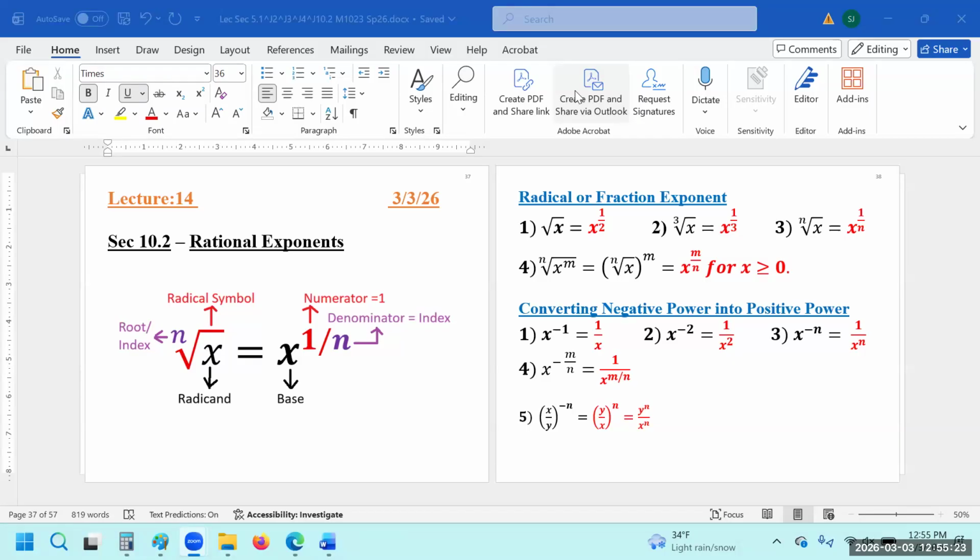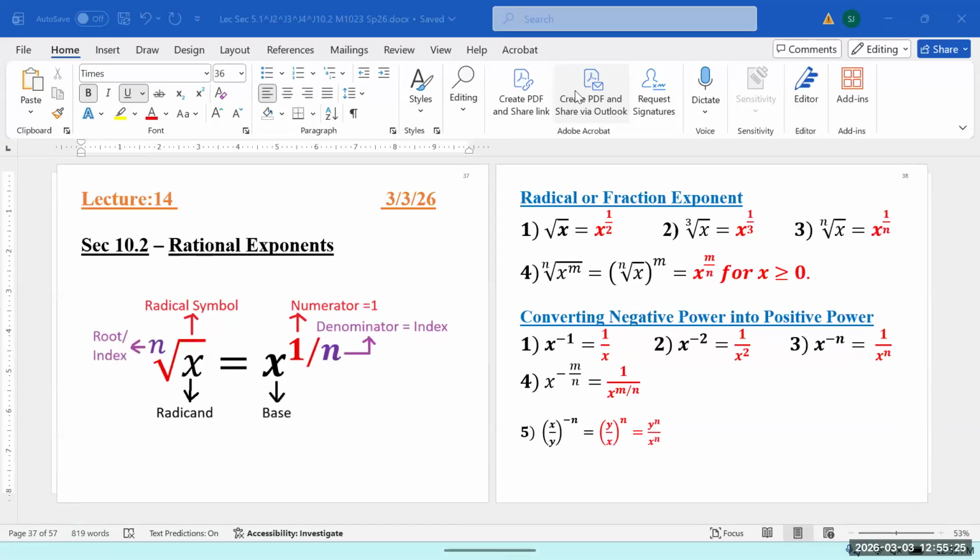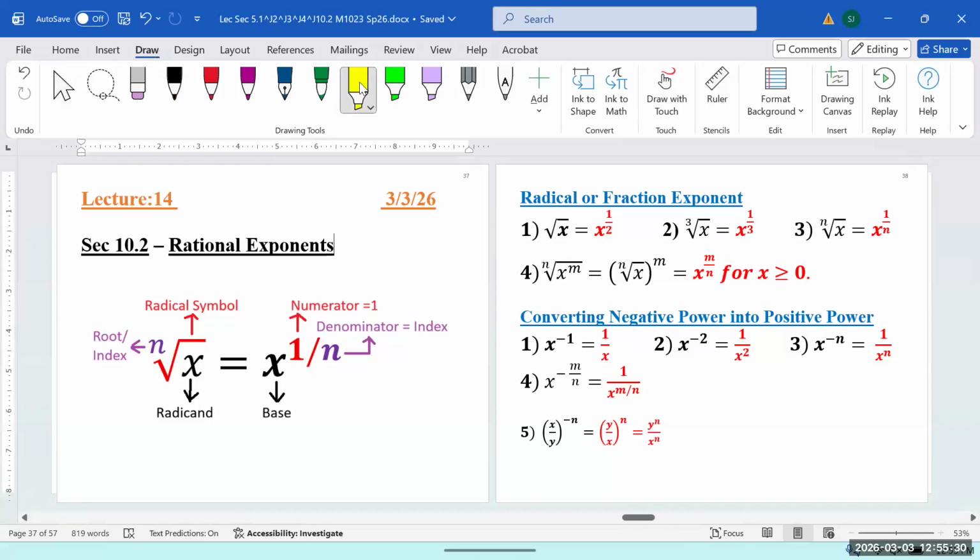That radical symbol is called radical symbol, and whatever we have inside the radical, that thing we call radicand. So this is our radicand. The red one is the radical symbol, and the number inside the radical symbol is called index or root.